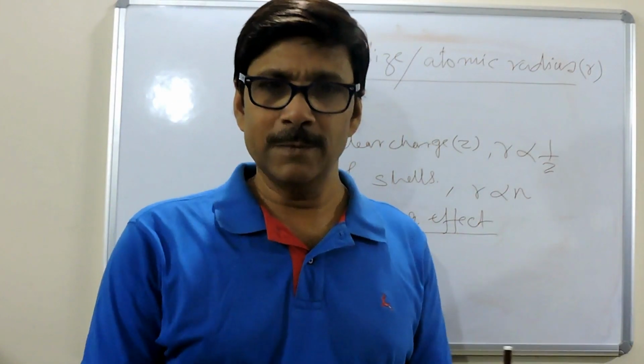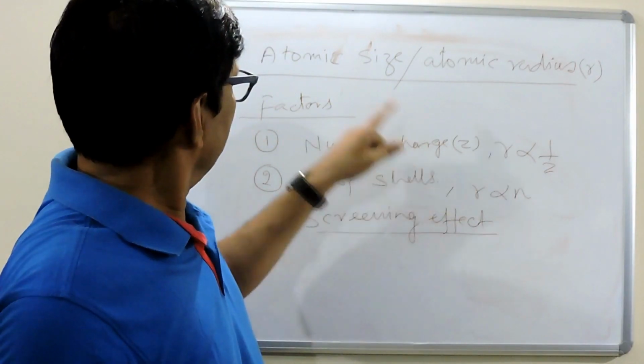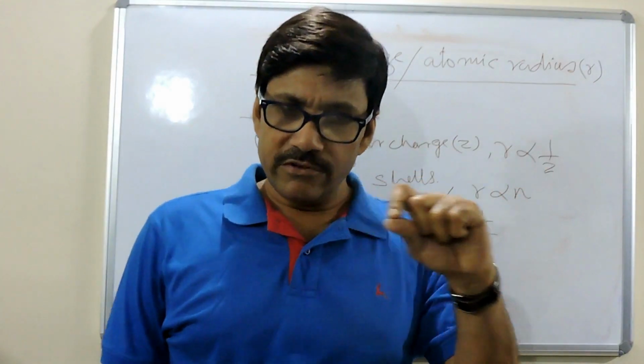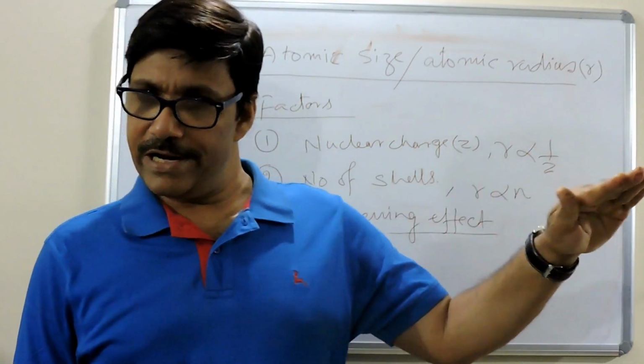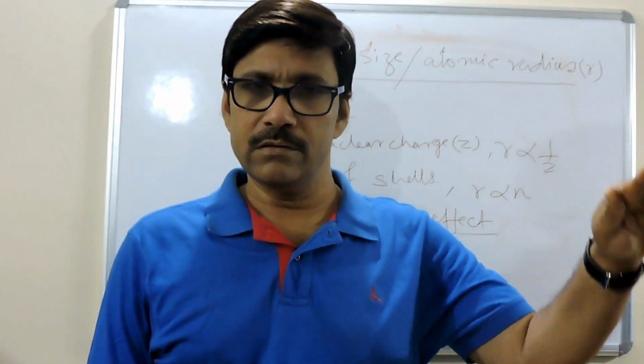Now let us see how, considering these factors, the atomic radius or the atomic size will vary from left to right in a period and top to bottom in a group.